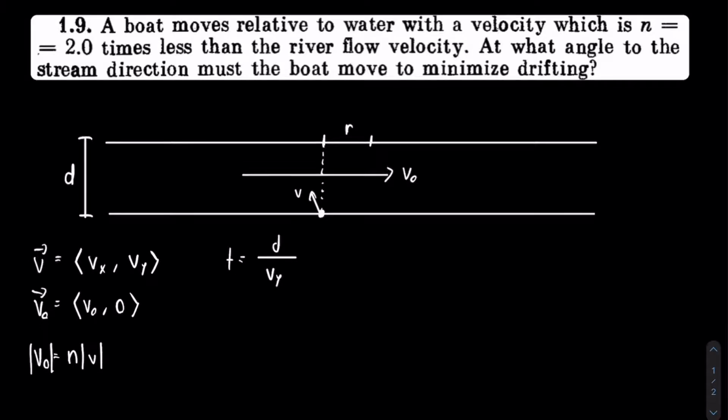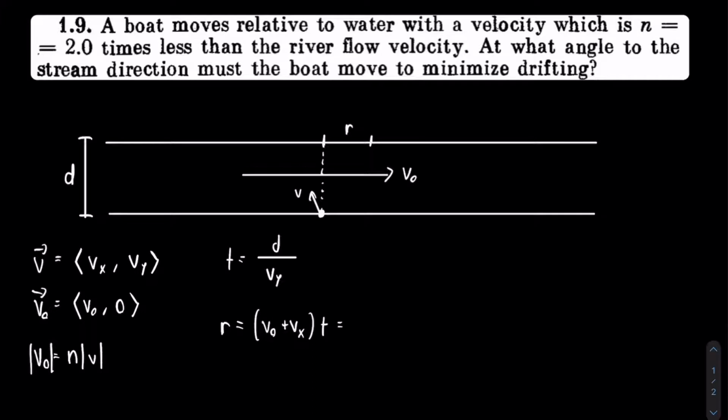Next, we can use the same equation, but then apply it to the x-axis. So the distance is going to be r, and that is going to be equal to the velocity, which is going to be the sum of the river flow velocity and the velocity component in the x direction of the boat, multiplied by the time.